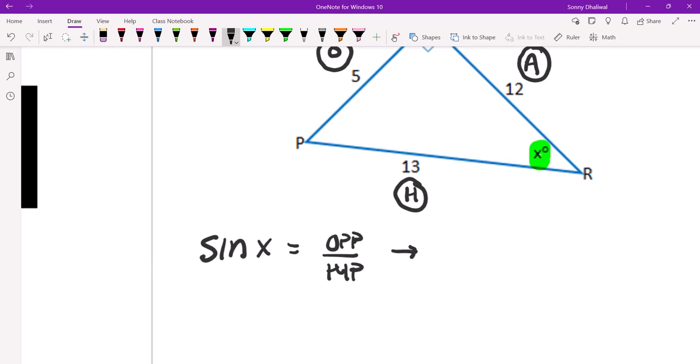So we want to fill out this. Sine of our angle. Then we have a fraction. Opposite side is 5. Hypotenuse side is 13. So it's 5 over 13. That is the sine of your angle.